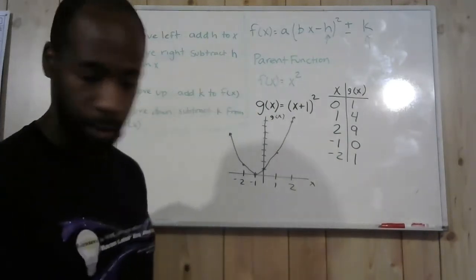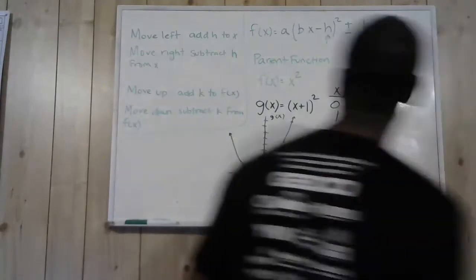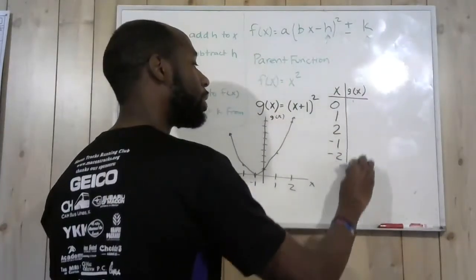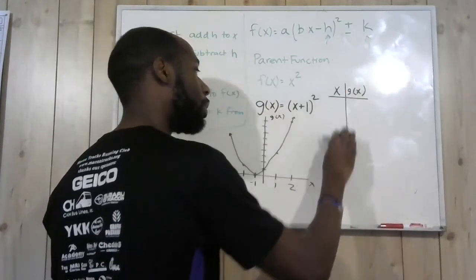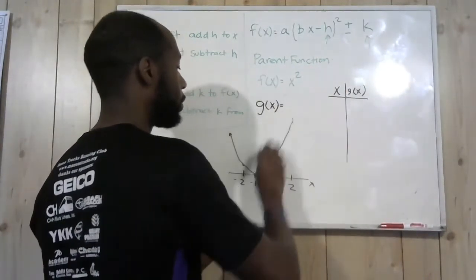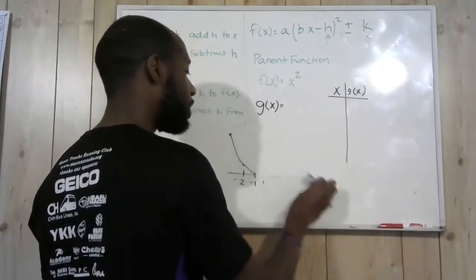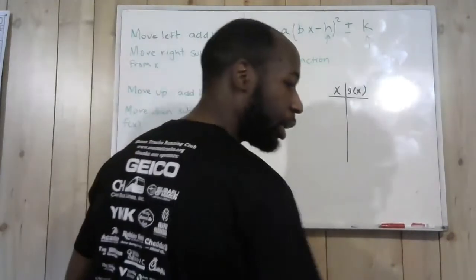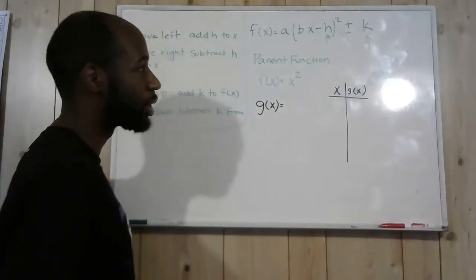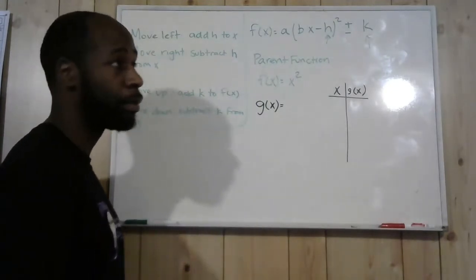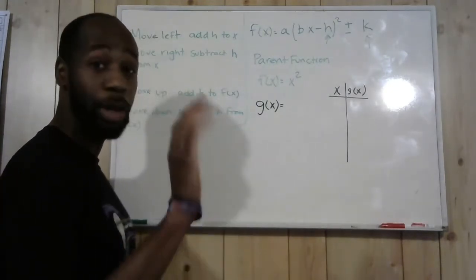So say that we had, and I'm just going to use some of the same stuff here. So again, our parent function, f of x, is x squared. Again, parent function is just a function that we're starting with, but this applies to any function, x squared, x cubed, whatever.